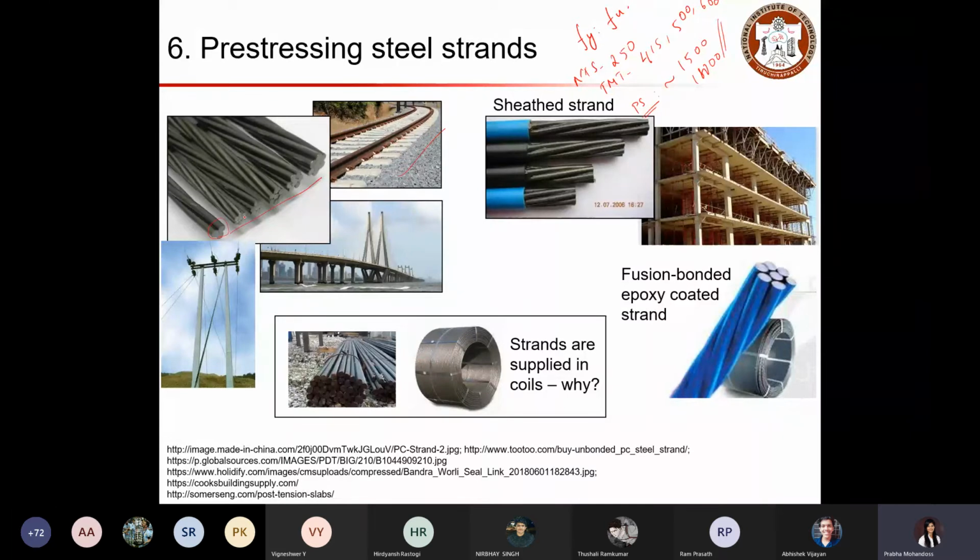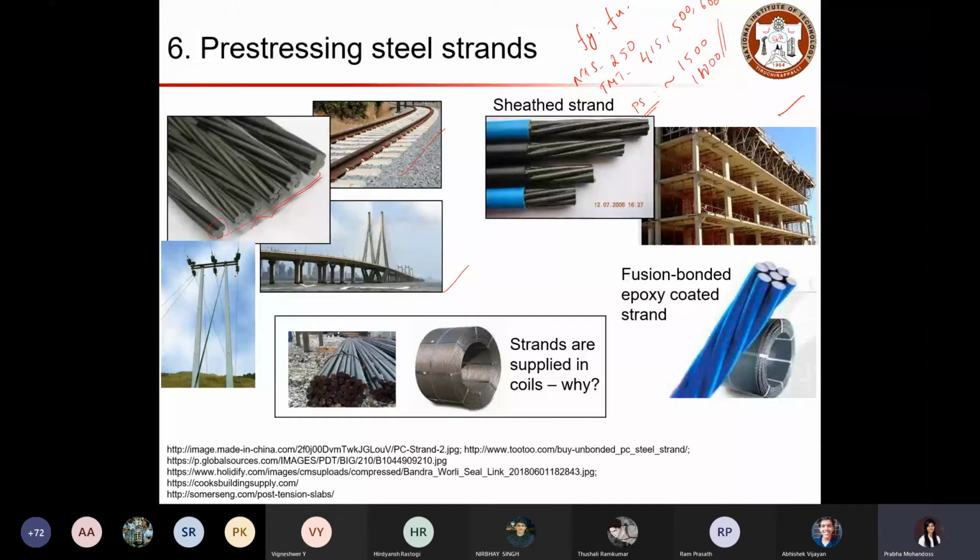So you have 6 outer wires and one center wire called a king wire, and those are typically used for pre-tension and post-tension constructions, either in the form of bridges or high-rise buildings. In some cases, it can be used simply as cables in transmission lines as shown here.